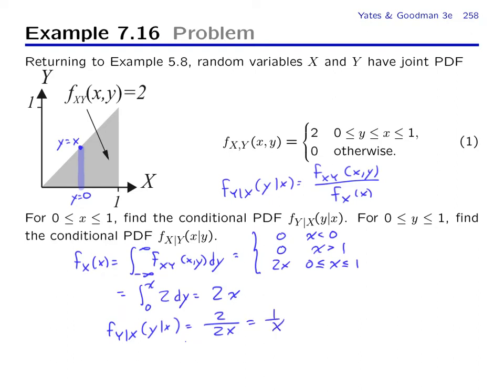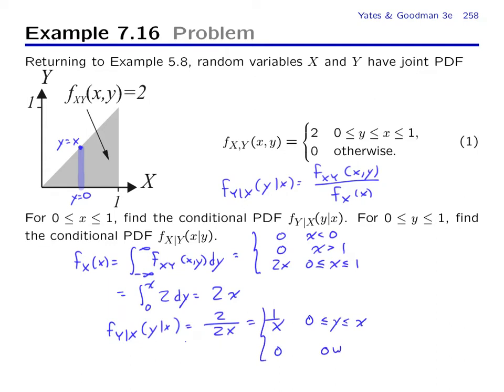And this is for y's in the interval from y equals 0 to y equals x. So this is 0 less than or equal to y less than or equal to x. And of course, there is a 0 otherwise.